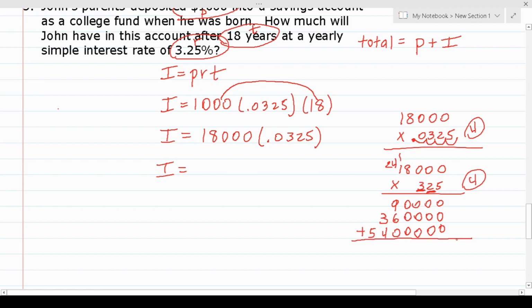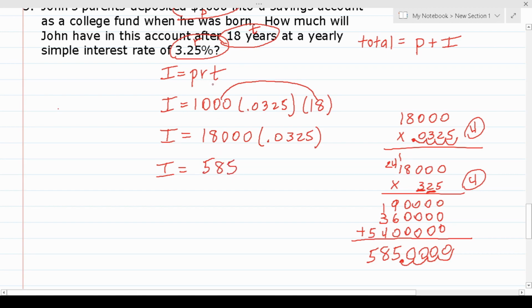Let's add all this up. 0 plus 0 plus 0 is 0. 0 plus 0 plus 0 is 0. 0 plus 0 plus 0 is 0. 0 plus 0 plus 0 is 0. 9 plus 6 plus 0 is going to be 15. Carry a 1. 3 plus 4 is 7. Plus 1 is 8. And 5 plus nothing is 5. Bring in our 4 placeholders. 1, 2, 3, 4. So we can see the interest in this case is $585.